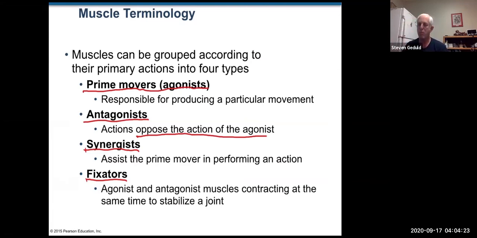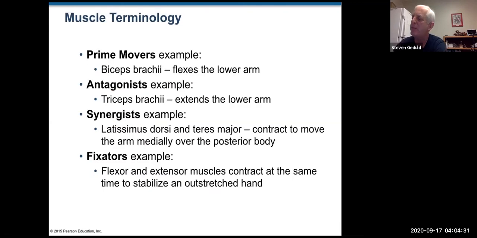So you got agonists, antagonists, synergists, and fixators. Prime movers. Biceps brachii flexes your lower arm. And again, flexing is involved in moving the 2 bones, closing that angle, decreasing that angle. Okay. Your antagonist is your triceps brachii that extends the lower arm, increases the angle.